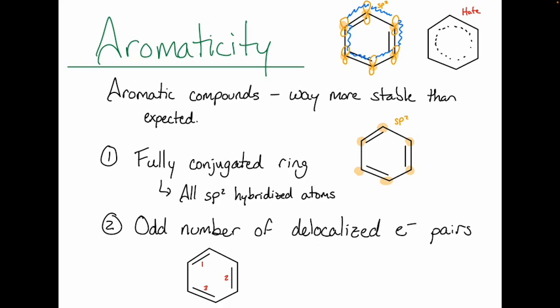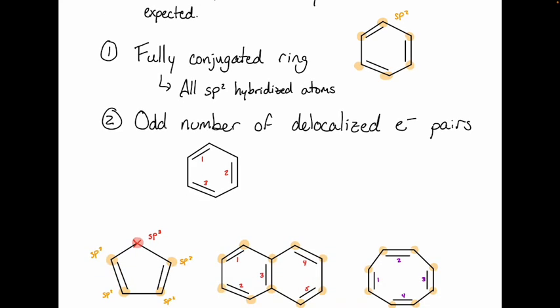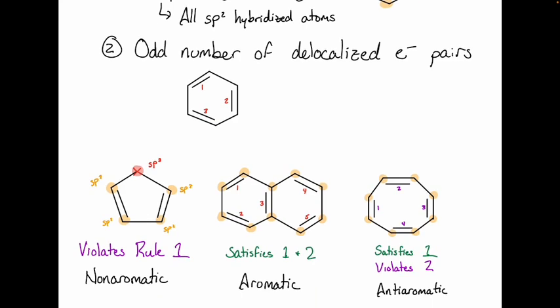If you don't meet the first one, you're just non-aromatic, you're just conjugated double bonds. And then if you meet the first one but not the second one, you're this extra bad category called anti-aromatic. All right, so given the structure here, you should be able to apply those rules to determine whether a compound is non-aromatic, aromatic, or anti-aromatic. Cool.